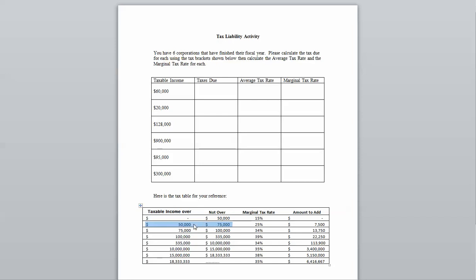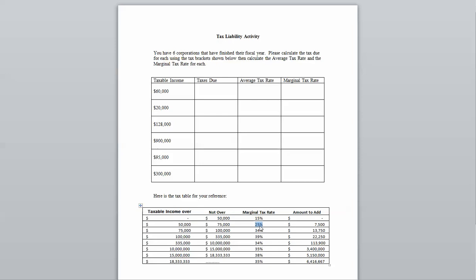So we're going to subtract: 60,000 is going to be subtracted by the 50,000, and that's going to give us 10,000, and that's the marginal income. The marginal income is then going to be multiplied by the marginal tax rate of 25%.